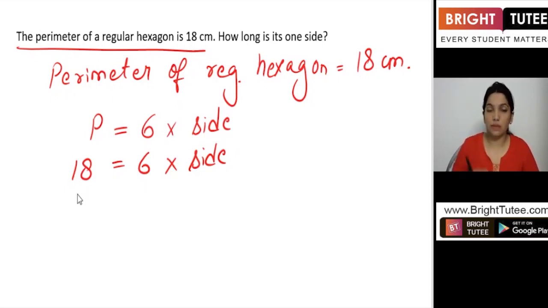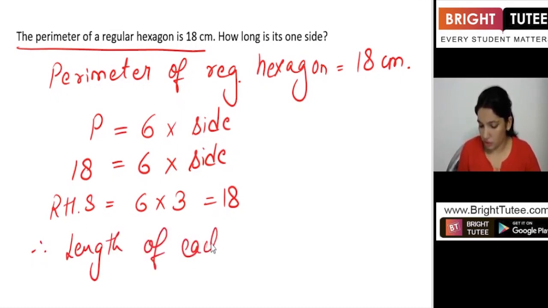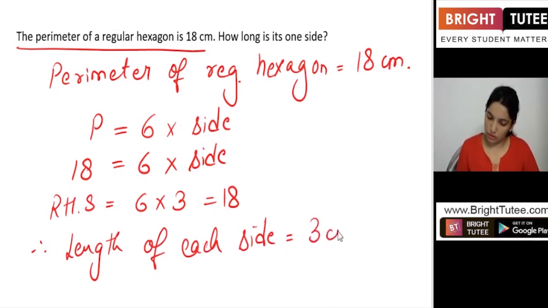Read your 6 times table. 6 times what number is 18? It is 3, right? So on the right hand side, 6 times 3 is equal to 18. Therefore, the length of each side is equal to 3 centimeters. I hope this is clear.